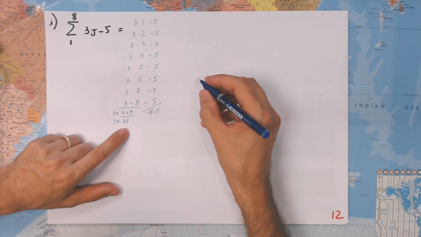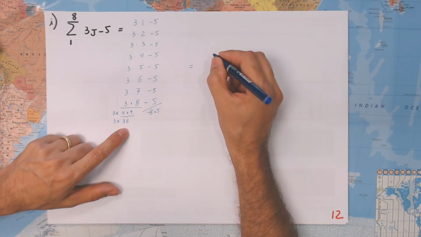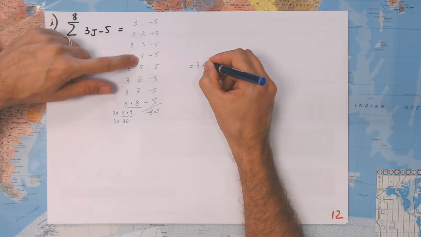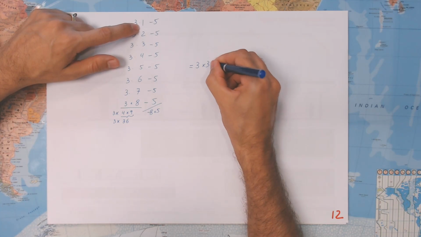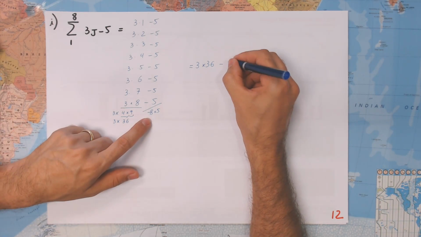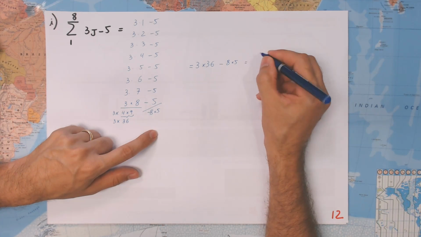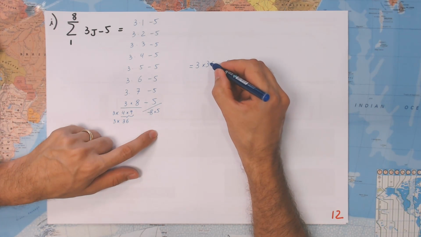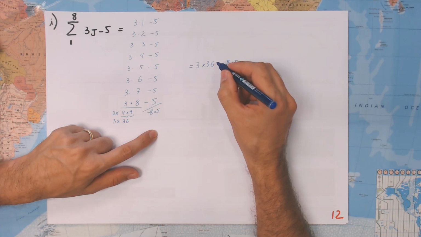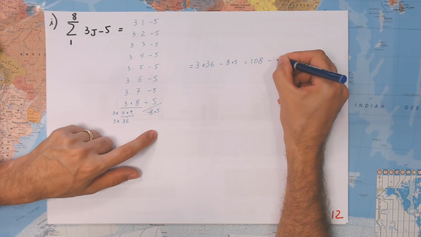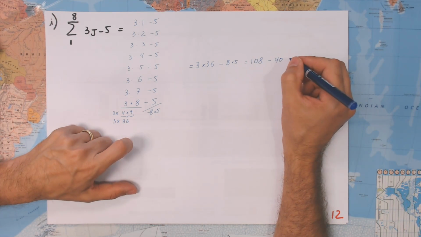So in the end, we're going to have 3 times 36 minus 8 times 5, right? And this is 90 with 18, it is 108 minus 40, right?